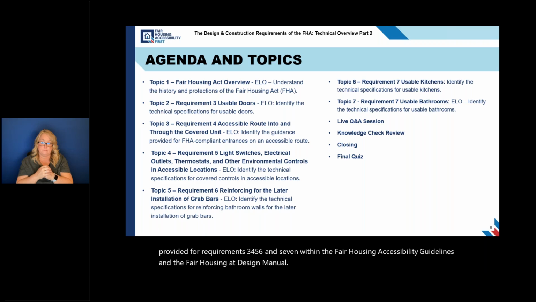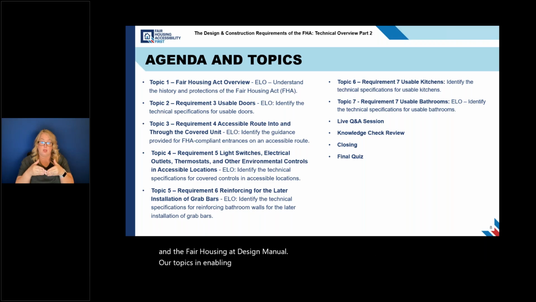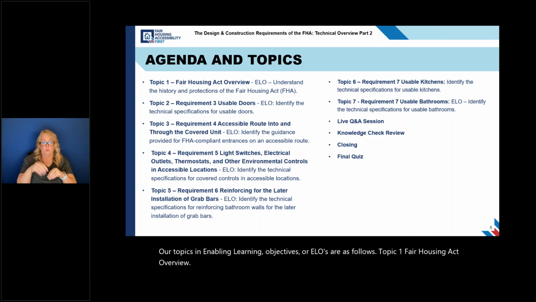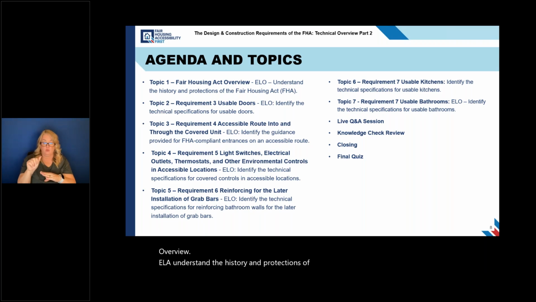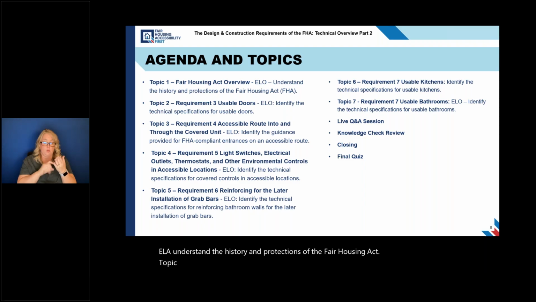Our topics and enabling learning objectives, or ELOs, are as follows. Topic 1, Fair Housing Act Overview. ELO, understand the history and protections of the Fair Housing Act. Topic 2, Requirement 3, Usable Doors.